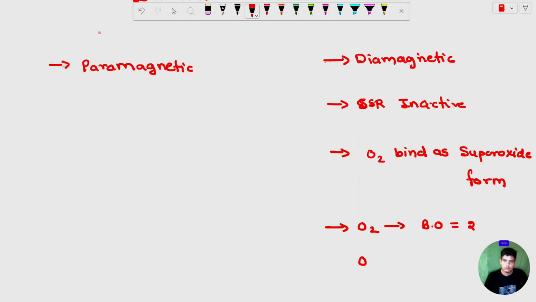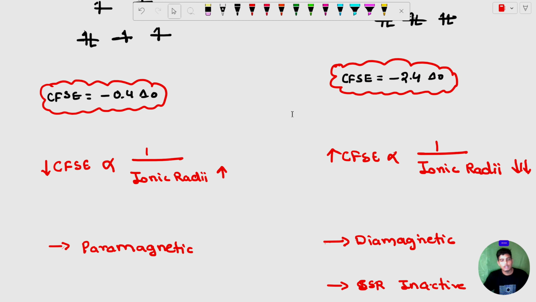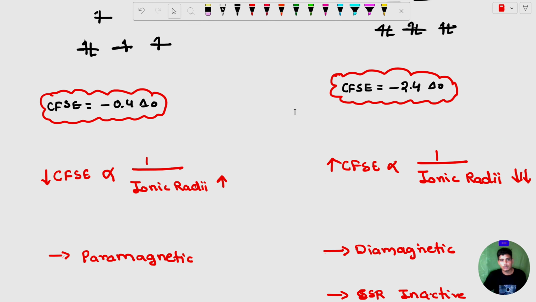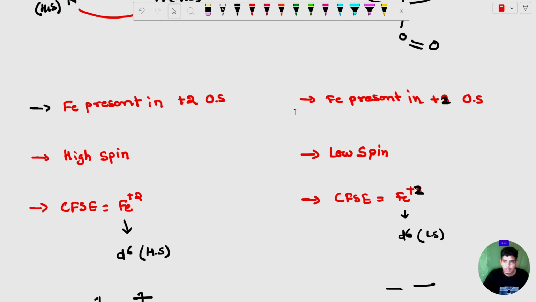Okay, and for O2 minus the bond order should be 1.5. Okay, and this is the final representation of hemoglobin myoglobin. Okay, in that we discussed oxymyoglobin and deoxymyoglobin.